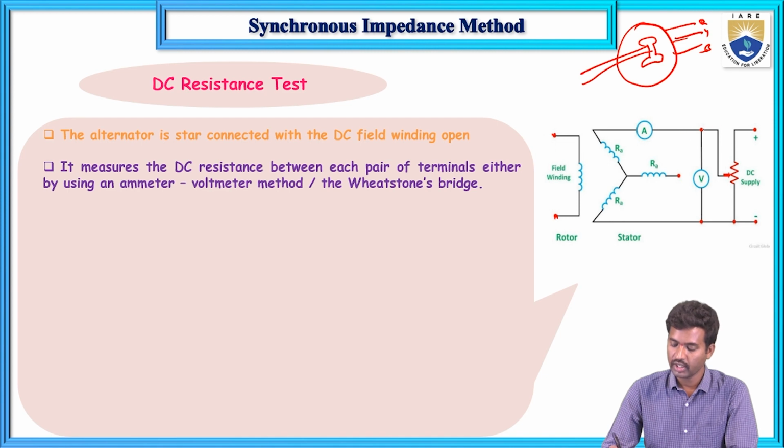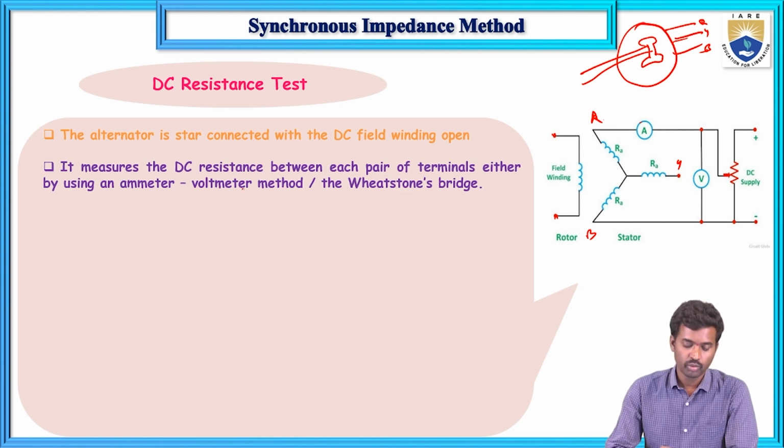First, I am taking a pair of terminals, R, Y, B. I am taking R and B first, by using the ammeter voltmeter method, or you can use the Wheatstone bridge method also. Here I am using the ammeter voltmeter method.